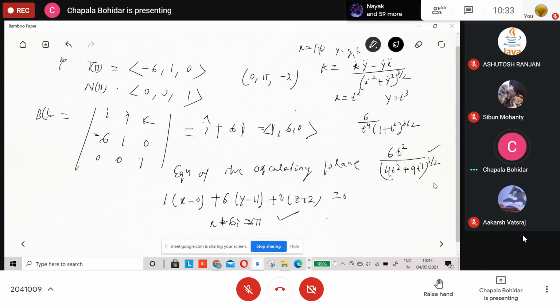Question number 53: at what point on the curve x is equal to t cubed, y is equal to 3t, z is equal to t to the power 4, is the normal plane parallel to the plane 6x plus 6y minus 8z is equal to 1?